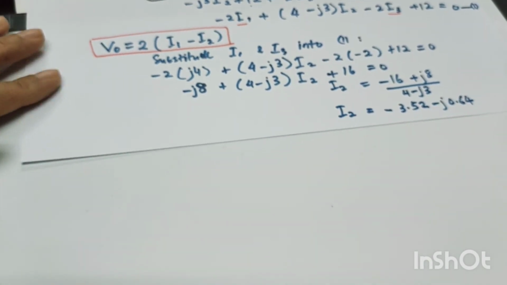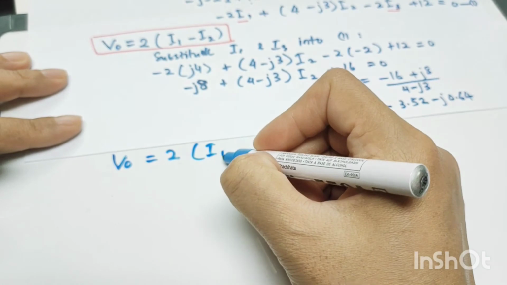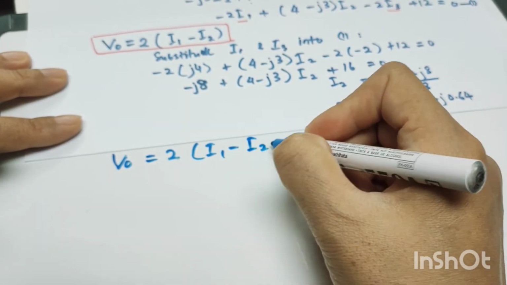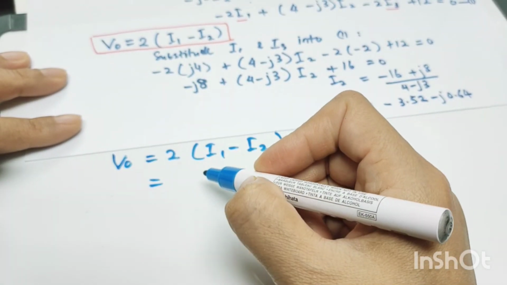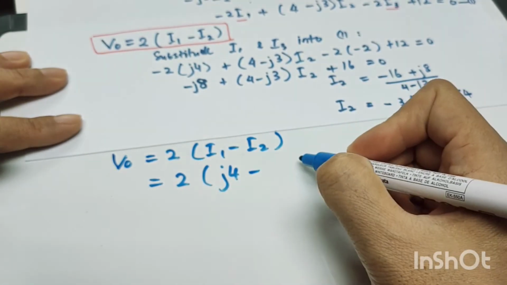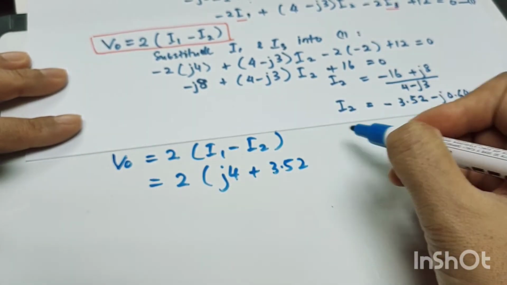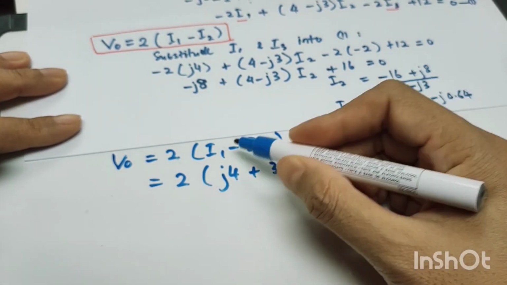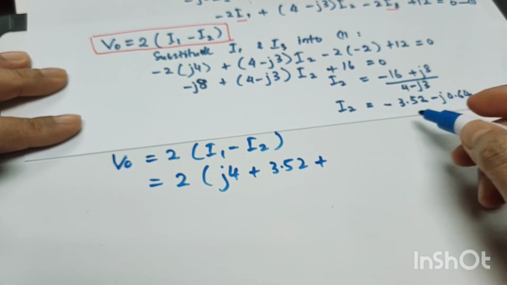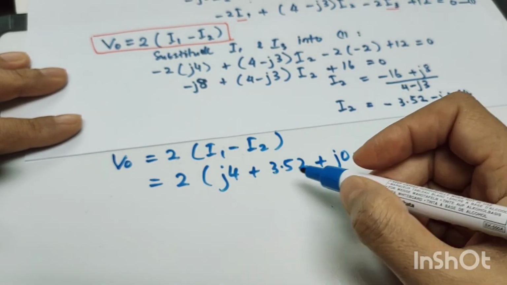So V0 equals 2 times, I1 is j4, I2 is negative 3.52 minus j0.64, so minus negative 3.52 is positive 3.52, and minus minus j0.64 is positive j0.64.